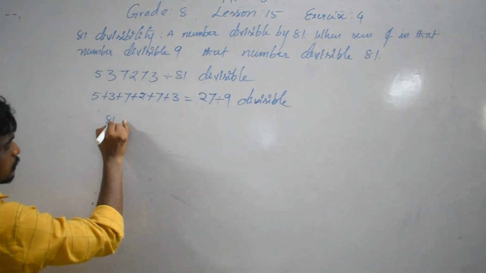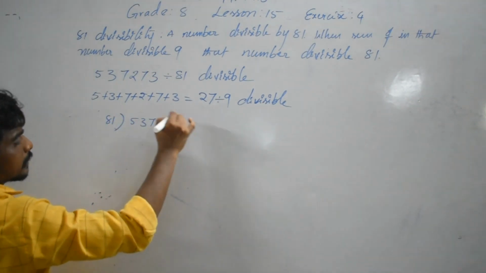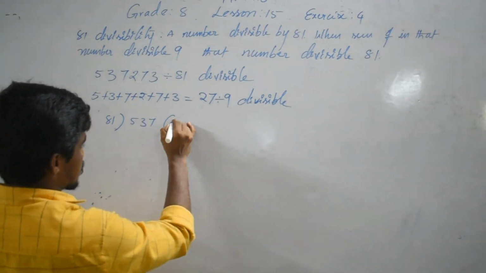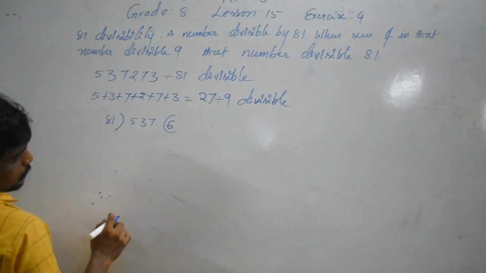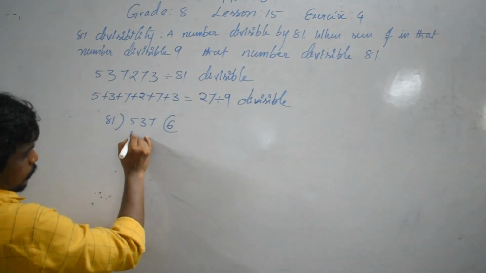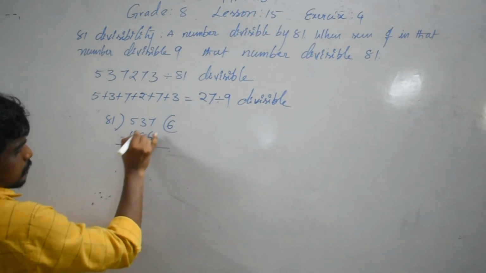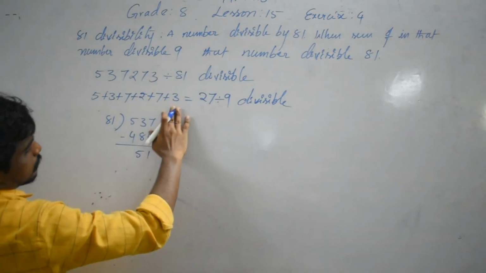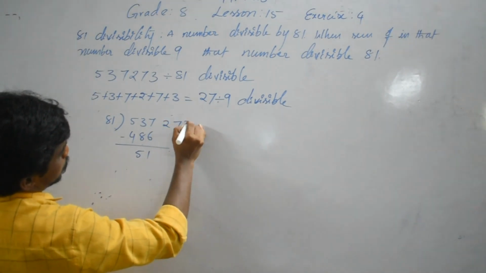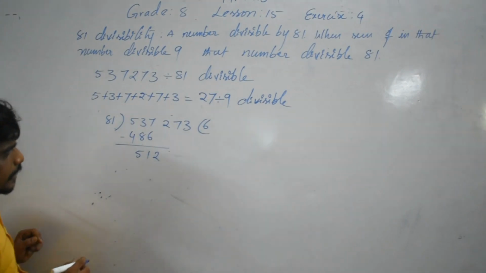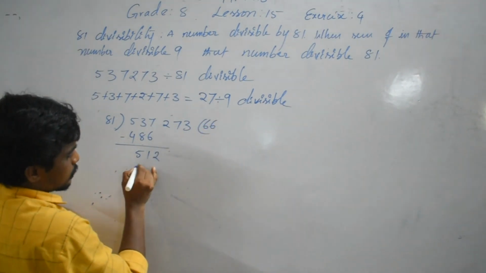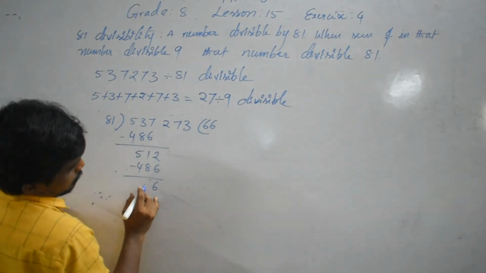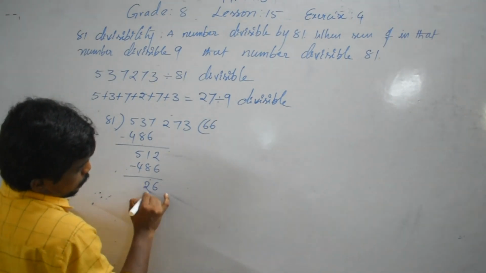So once we check: 573273 divided by 81. 81 times 6 is 486, so we take 5. Again, 81 times 6 is 486, so we take 6.